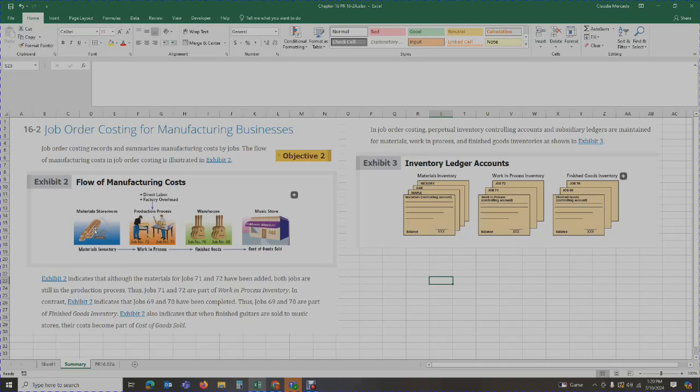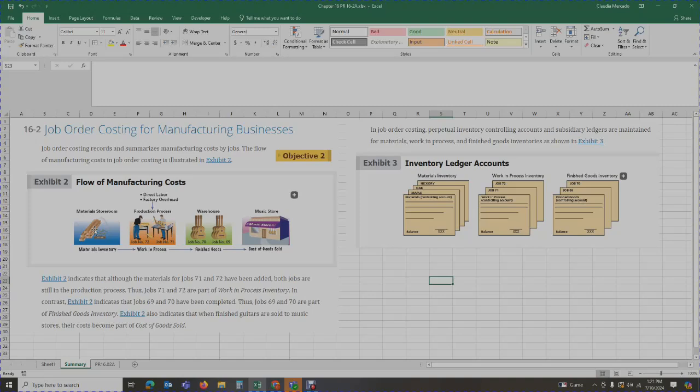In the working process, we're going to have direct labor, factory overhead, and of course the materials that we push through to the working process. We wouldn't be able to make the guitars without the materials. So we transfer materials into working process and then we add direct labor and factory overhead to it. Then the individuals do their stuff.